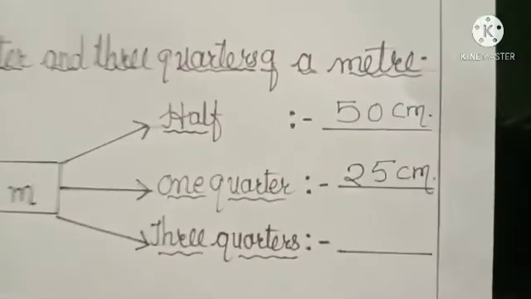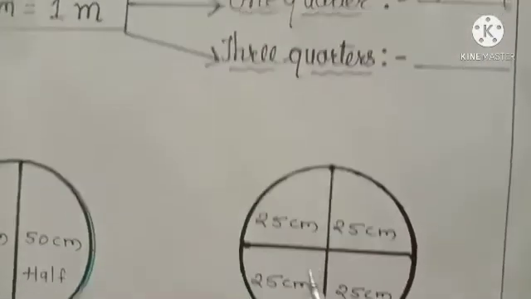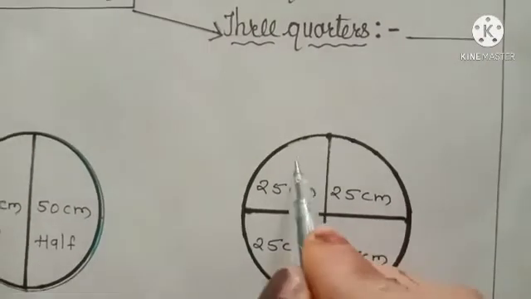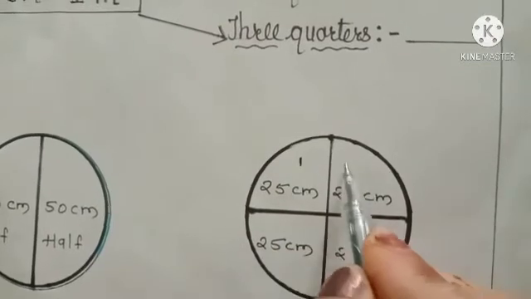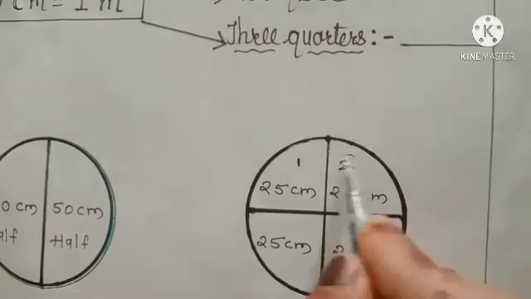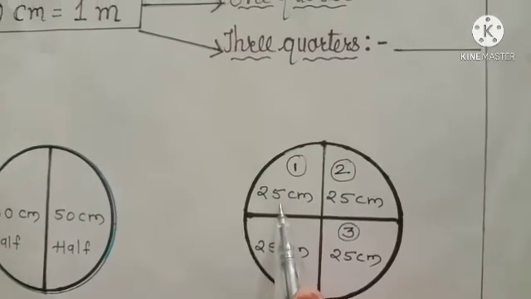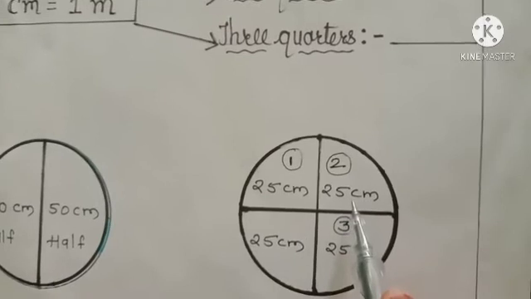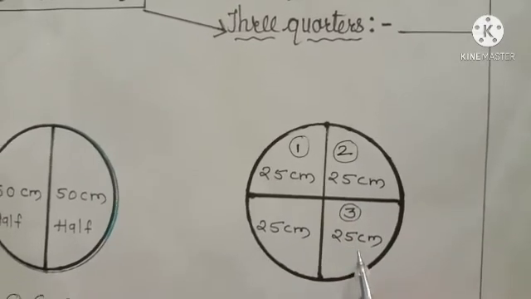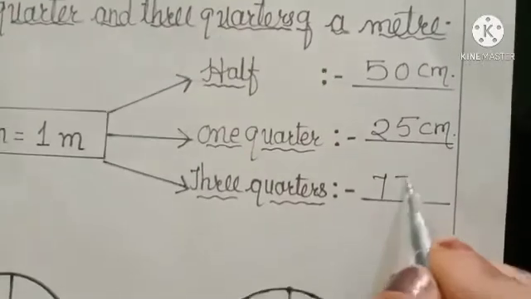Now we have to distribute this in 3/4. You will see here, this is 1/4, this is 2/4 and this is 3/4. Suppose we add these 3/4, it is 25 centimeter plus 25 centimeter plus 25 centimeter, it is 75 centimeters.